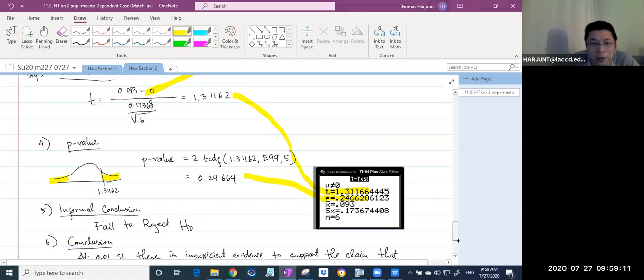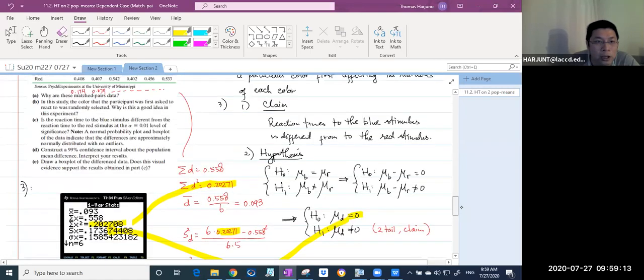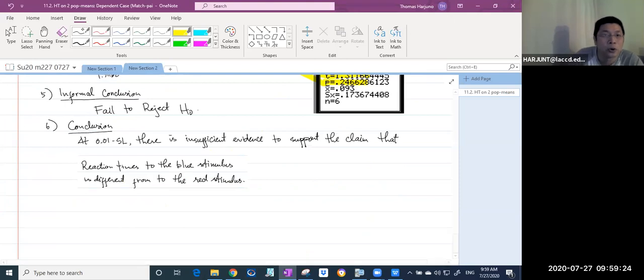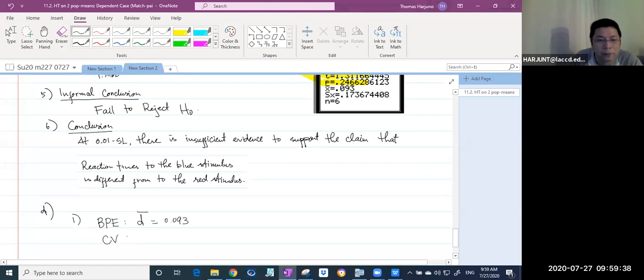Now I have 5 minutes left. I would like to go on further in question D, and if possible, question E. Construct a 99% confidence interval about the population mean difference. So part D, step 1, the best point estimate will be d bar equals 0.093. And the critical value, t critical equals inverse t.